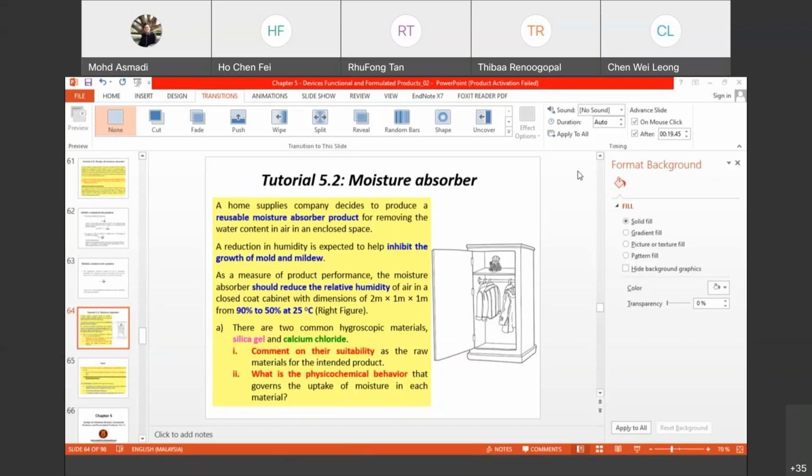High absorption capacity. Environmentally safe. Not corrosive. That is a good comment on the suitability for the intended product. Both, I think, are non-corrosive. What is the difference?